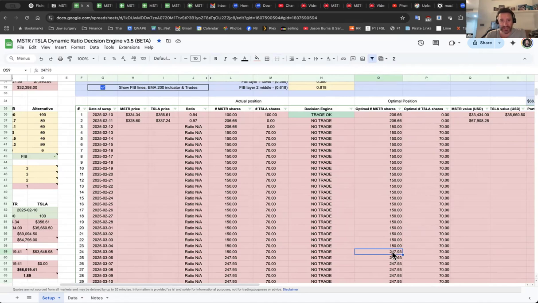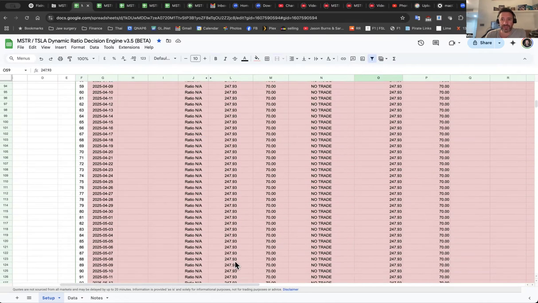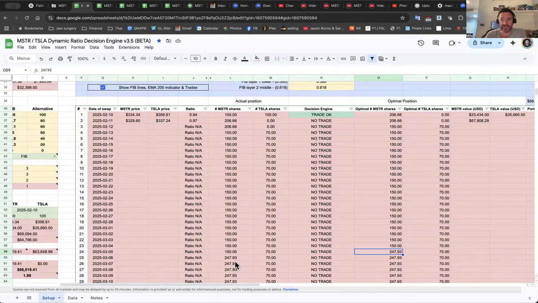So you can see on this day, on the 5th of... I see the problem. It's obviously this is in the future. So there's a bug here. The bug is that for some reason it's deciding that you should be swapping your shares in this future date. But we haven't got to that date yet, so you can just ignore that.